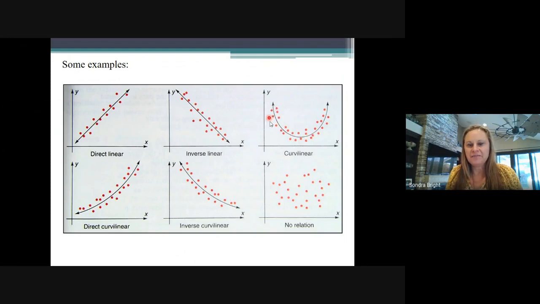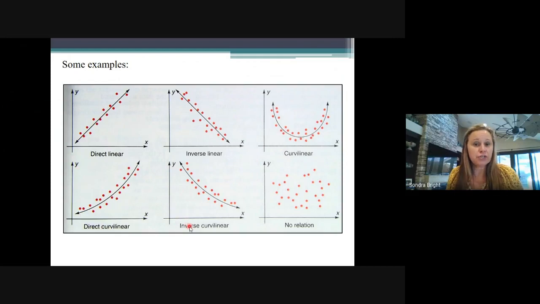Curvilinear would be any of them that are curvy. We could have a direct curvilinear, where in general they look like they're curving and not just a straight line, but it's also direct, meaning as x is increasing, y is increasing.